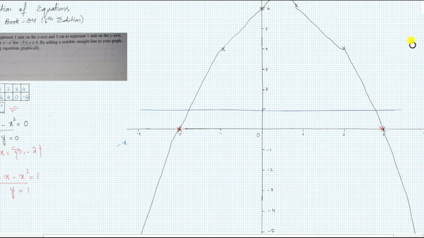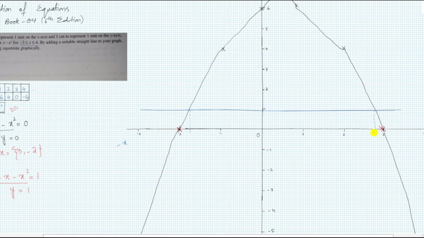So here we have a line which is y is equal to 1. Where this line is crossing the curve, we will read these x values. When we read these x values, it will be the solution of this part.